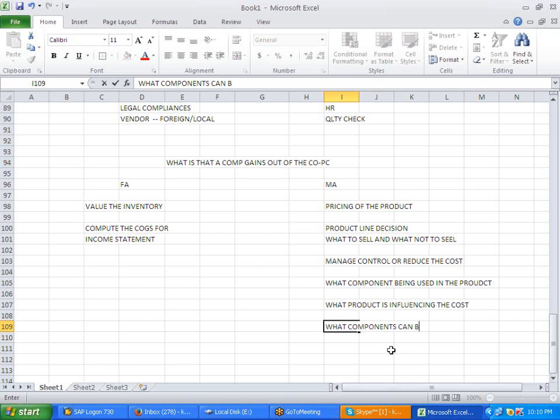Components can be used, can be substituted, or replaced, so that to reduce the cost I do this, right?